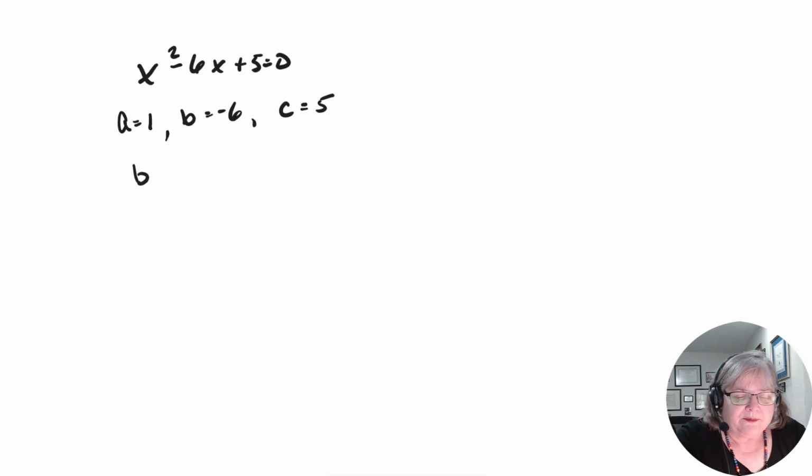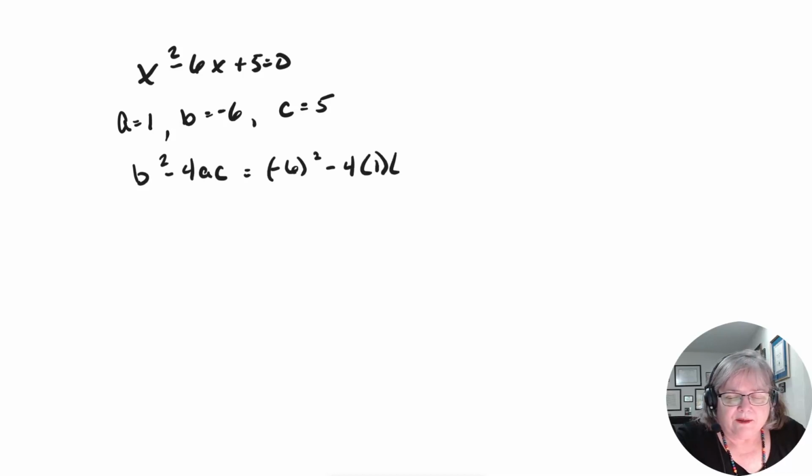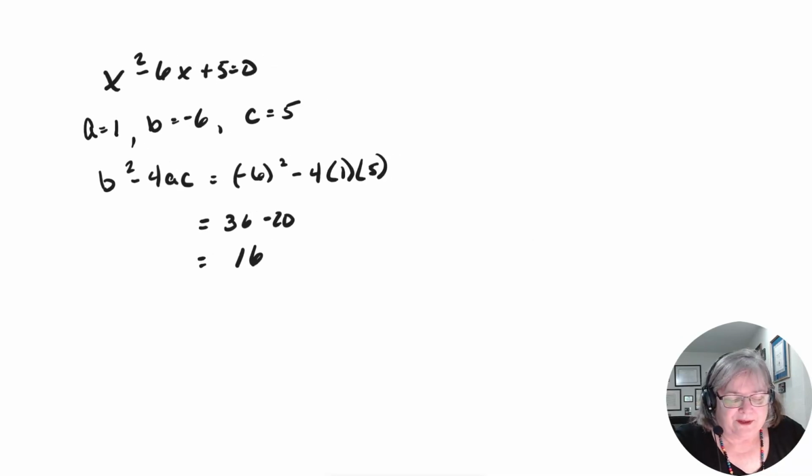So b squared minus 4ac would be negative 6 squared minus 4 times a times c. So this would be 36 minus 20, which is 16.